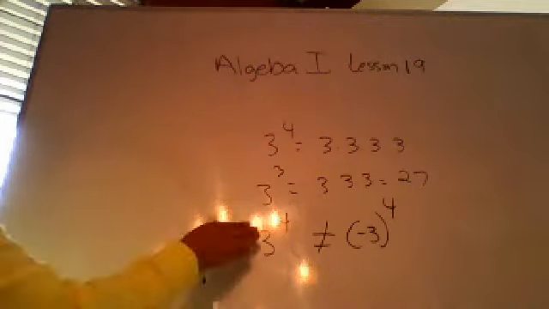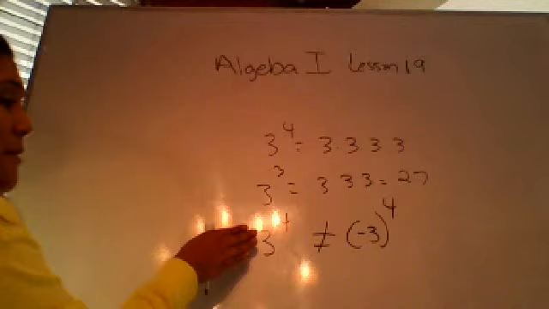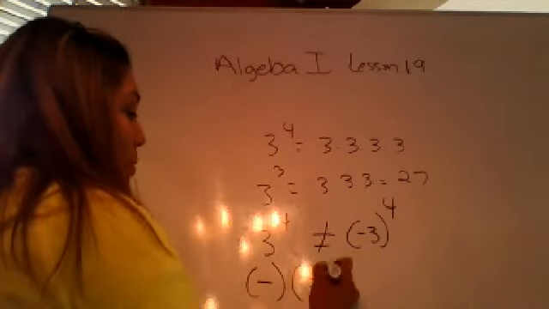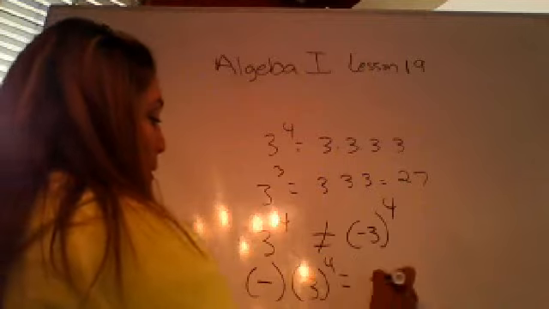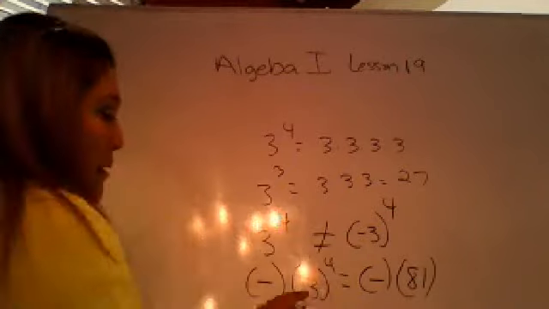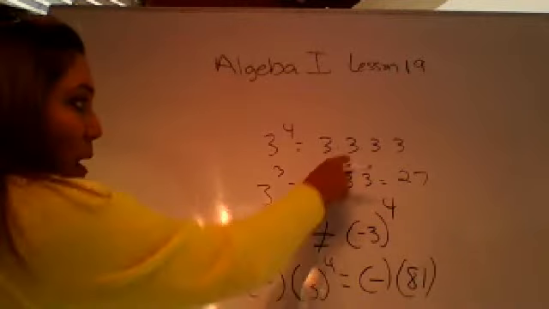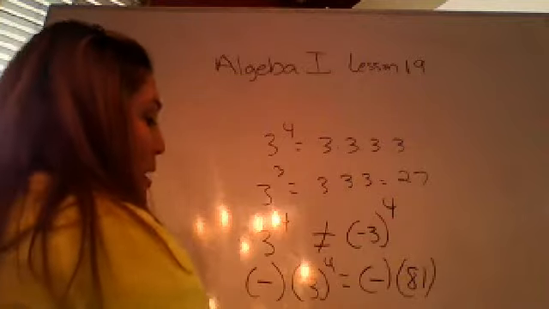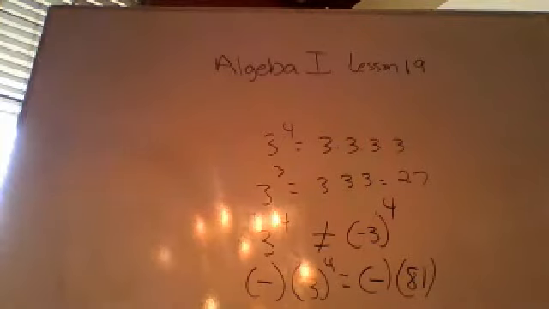It means the opposite of 3 raised to the fourth power. So then it's negative. What is 3 to the fourth power? We said it's 81, right? Because it's a positive 3 times 3 times 3 times 3. Then we have to multiply by negative. So this answer is actually negative 81.